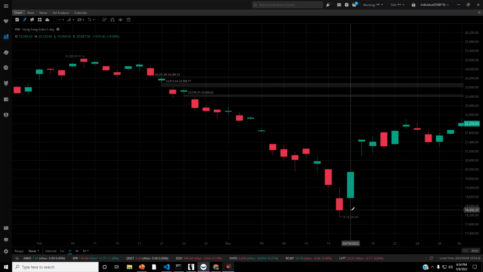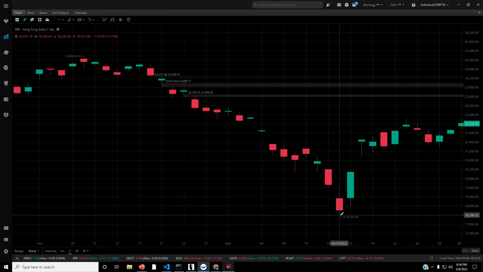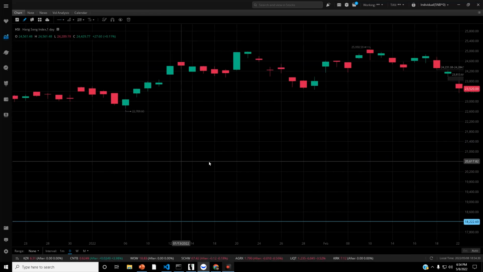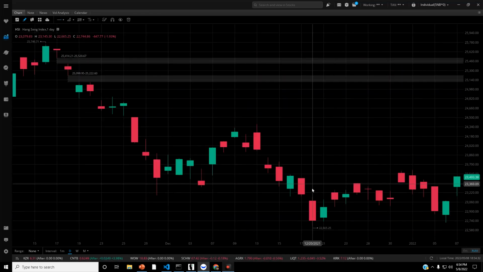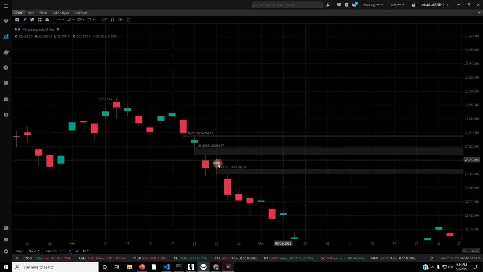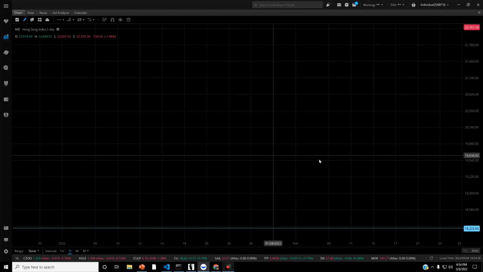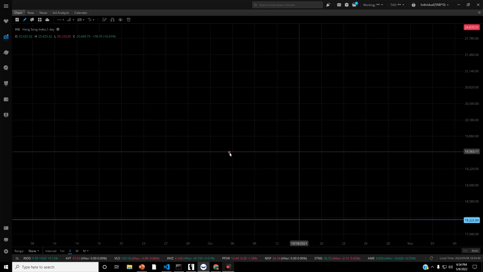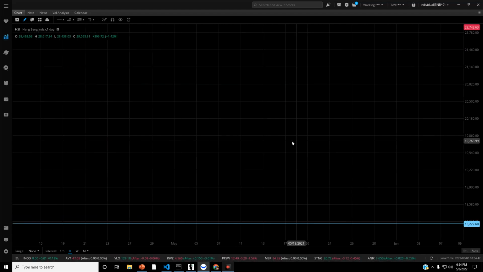Let's do a horizontal line. Let's put it right here, and let's just go across until we see more candles. Nope, take the auto off. Okay, where'd that line go? Right there. Okay, so let's follow the line, follow the line, follow the line.